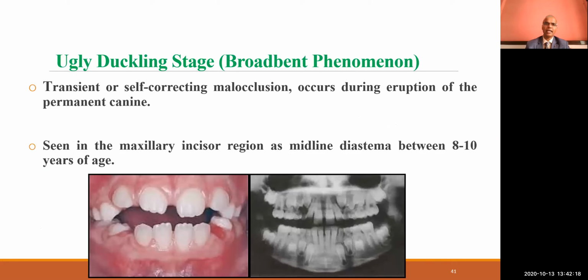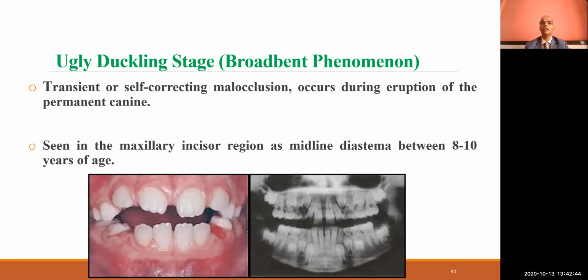So, ugly duckling stage, it is also called the broadbent phenomenon. See, ugly duckling stage is a transient or self-correcting malocclusion, means it is corrected by itself. It occurs during the eruption of the permanent canines in the maxillary arch. Because in the maxillary arch, the permanent canines erupt late as compared to the first and second premolars.